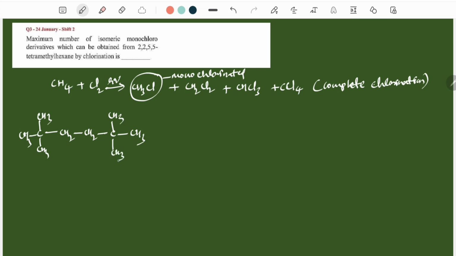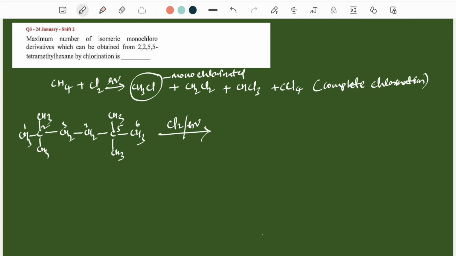This is the name of 2,2. See, it is 1, 2, 3, 4, 5, 6. This is 2,2,5,5-tetramethylhexane. Now chlorinate this compound, chlorination in the presence of h nu. It gives how many products?